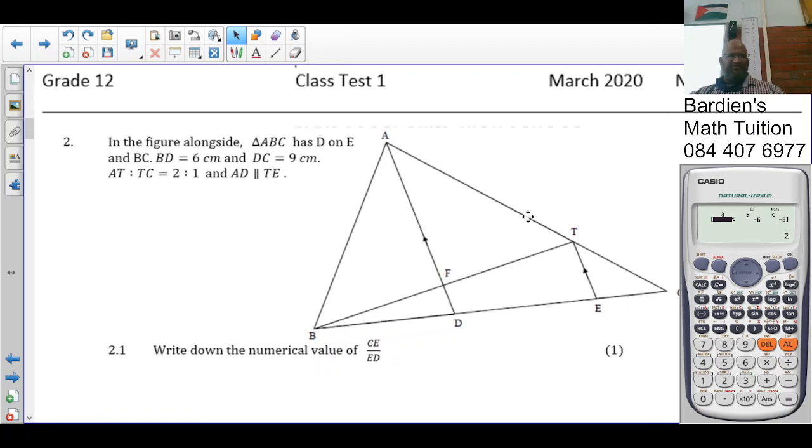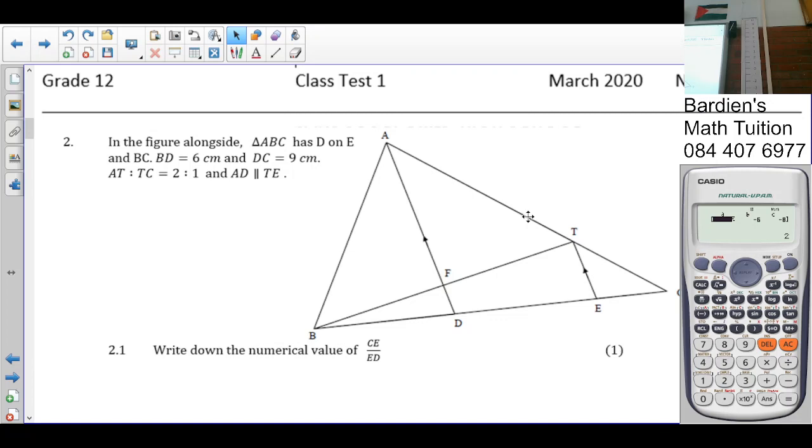Alright, so number 2. We are told in the figure alongside triangle ABC, D and E are on BC. Okay.